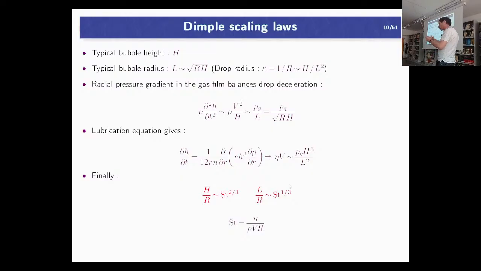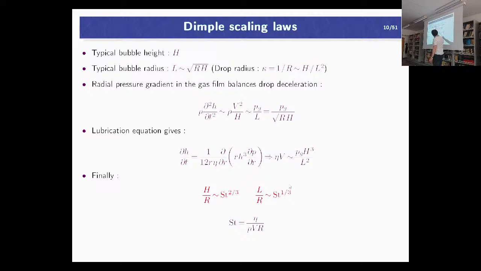This is the radial characteristic length when a sphere approaches a flat surface at a distance h. This is a bit misleading, because this is a typical horizontal scale, not the scale of the bubble at this point.